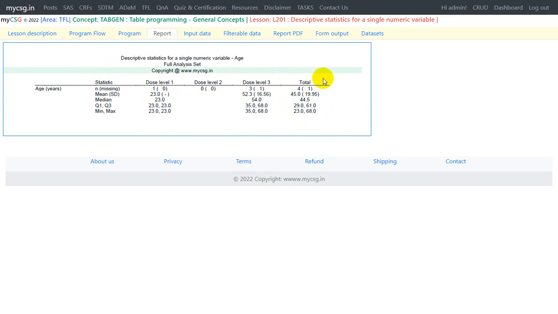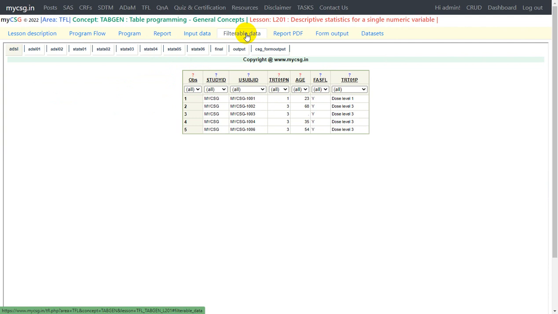So let us take a look at the input data that we will be using for this lesson and then try to manually identify some of the statistics for different treatment groups. We have our ADSL data which has around 5 rows, in which there is one row for dose level 1 and 4 rows for dose level 3.